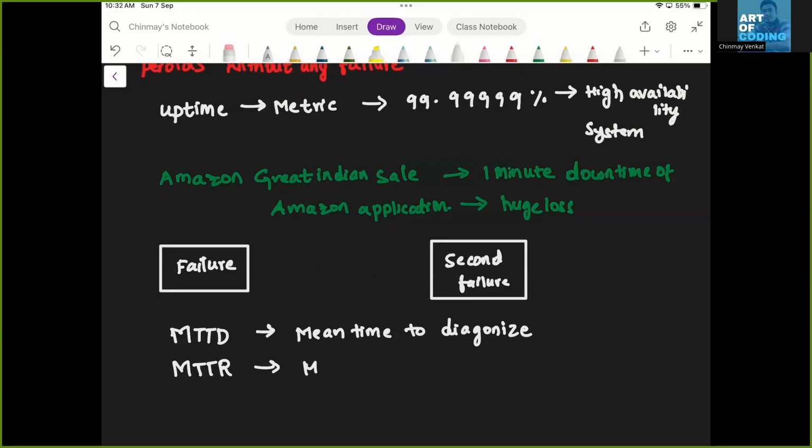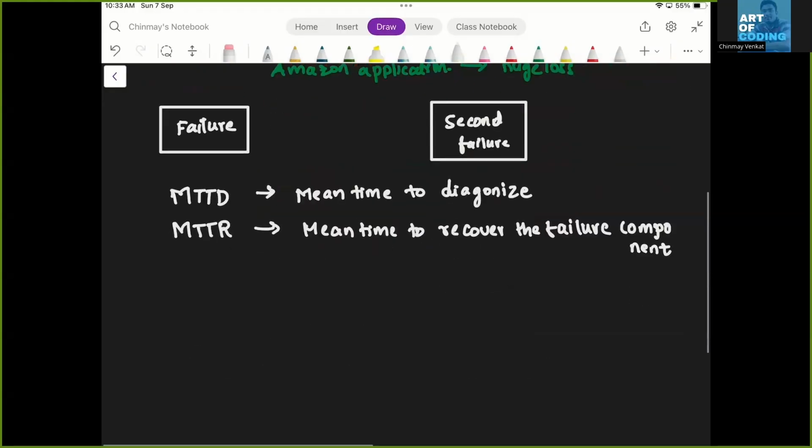Mean time to recover the failed component.